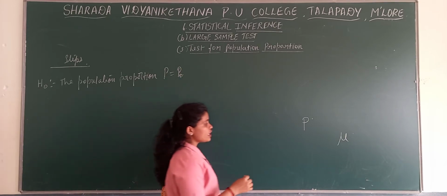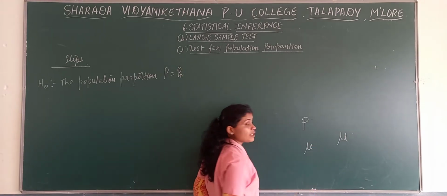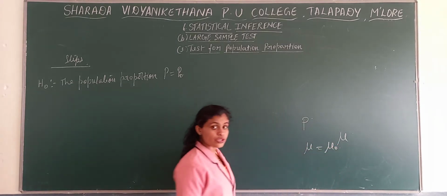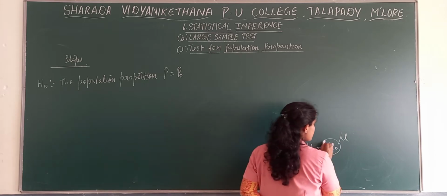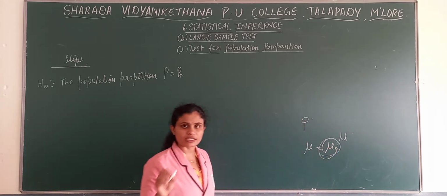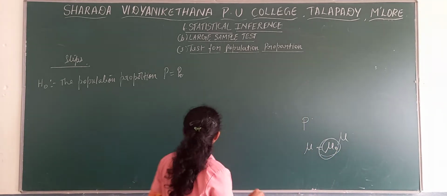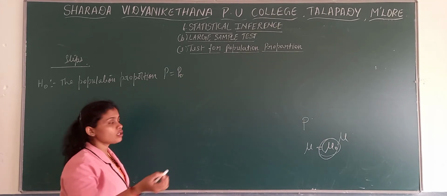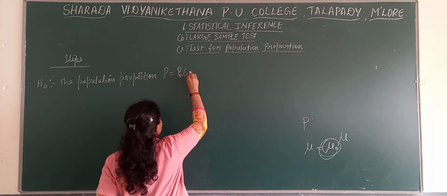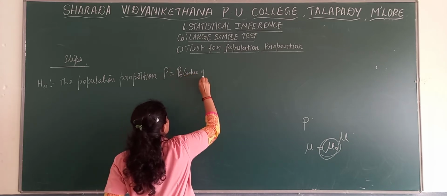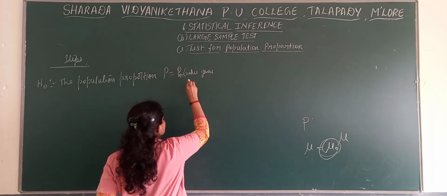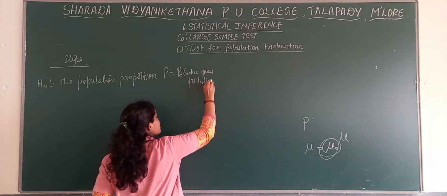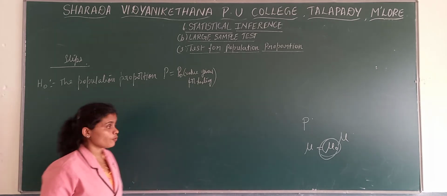In case of population mean, we take mu equal to mu0, which is the value mentioned in the problem. So here also P0 is the value which is given for testing. Which value they give for testing, that is P0.